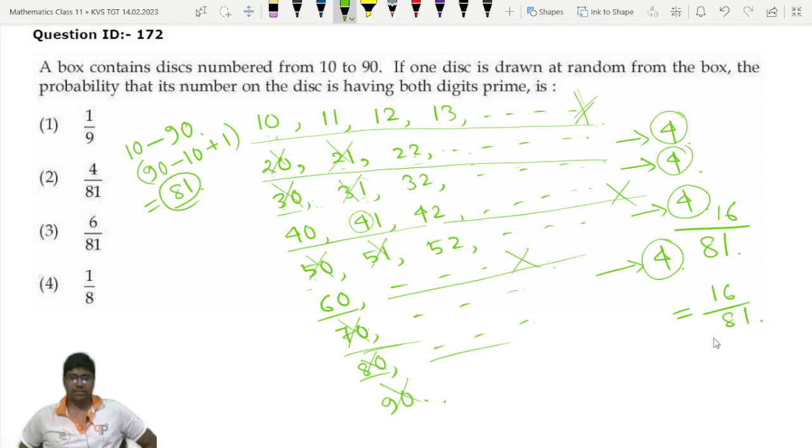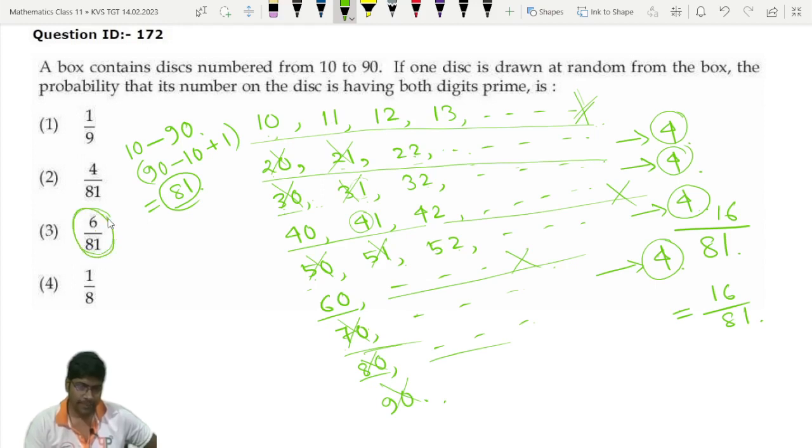So it should be 16 by 81, but why is it not giving? Anyway, I think you have understood the concept. 16 by 81 should be the correct answer, but 16 by 81 is not there, 6 by 81 is there. I think these options are wrong.